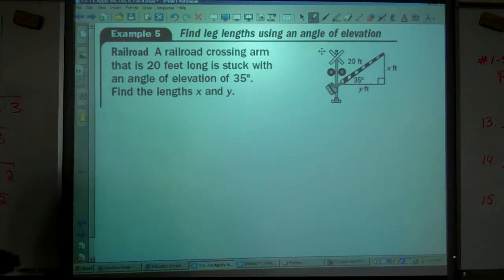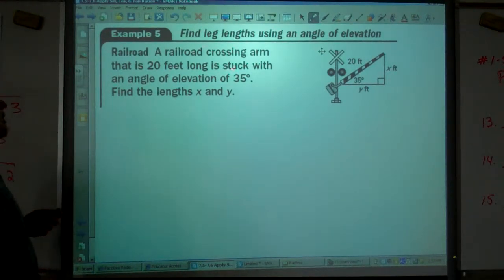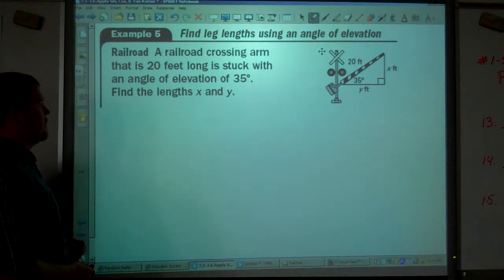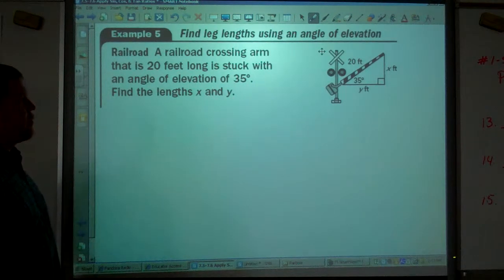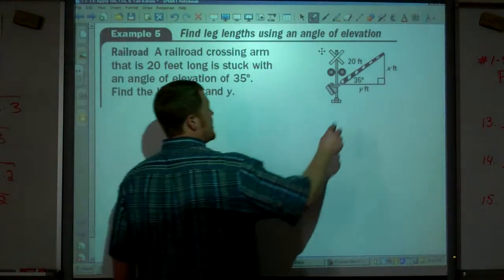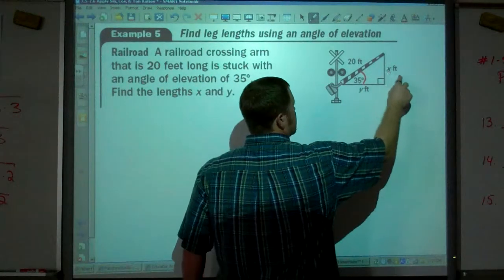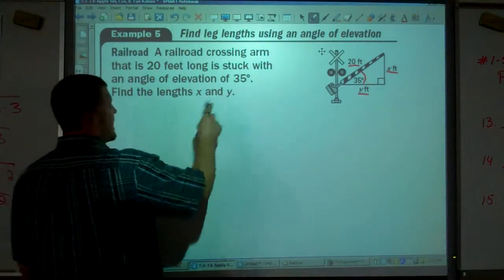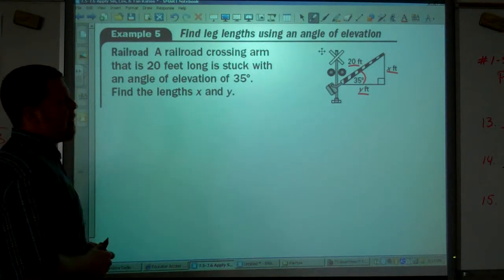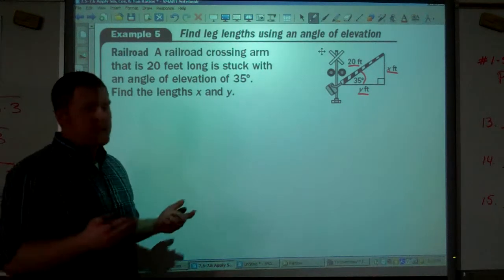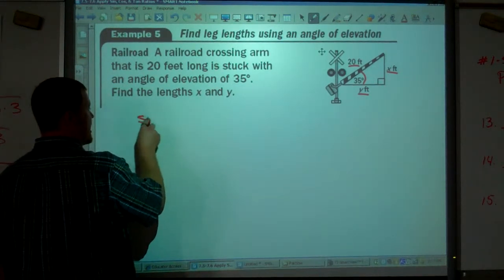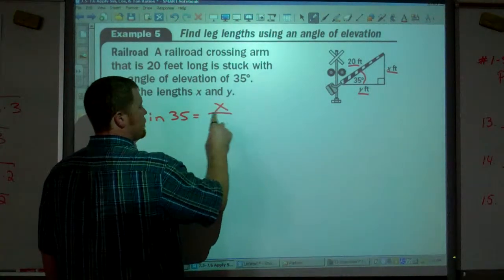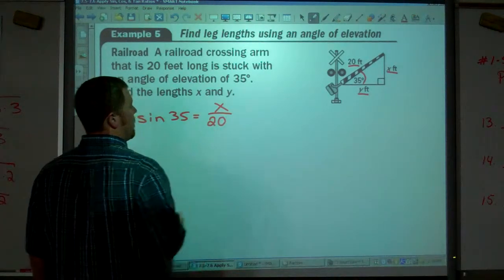Okay, next one here. A railroad crossing arm that is 20 feet long is stuck with an angle of elevation of 35 degrees. Find the lengths x and y. Here's our angle, and here are our sides. In this one we have to solve for x and y. If you don't know which trig function to use, let's set them all up. The sine of 35 equals opposite over hypotenuse.